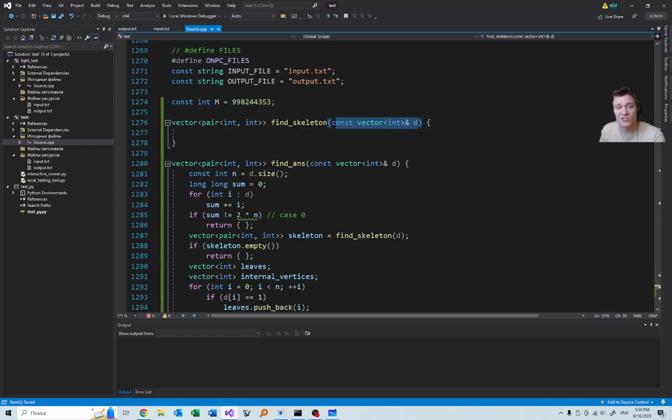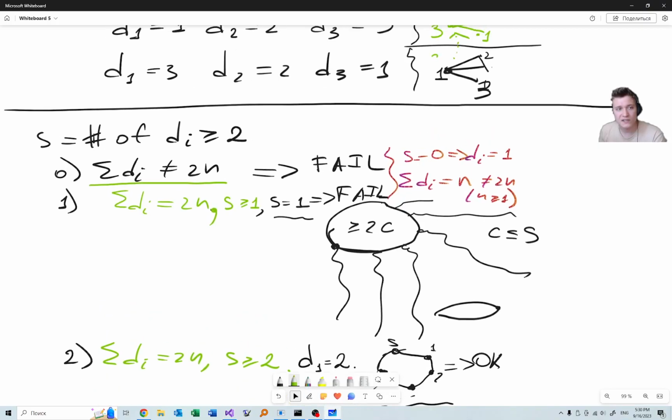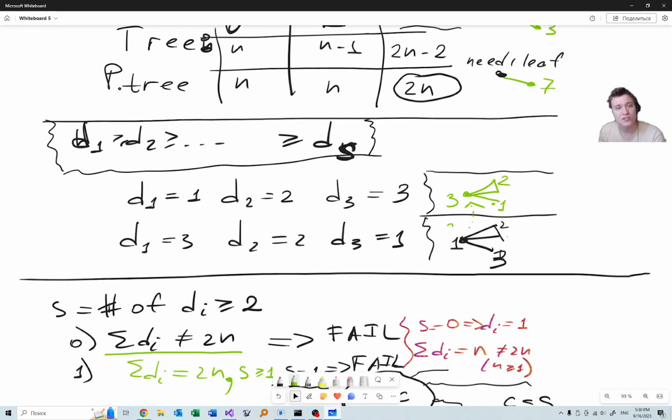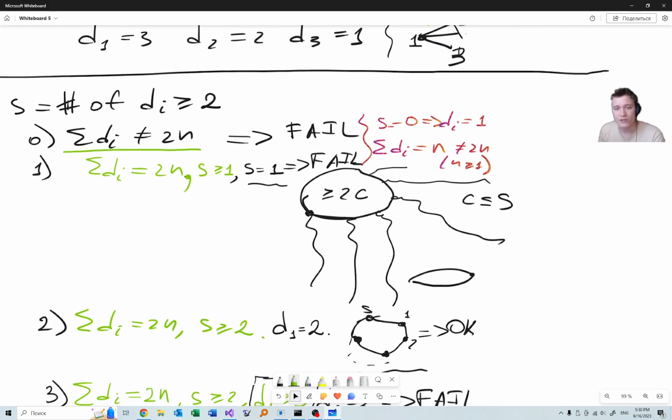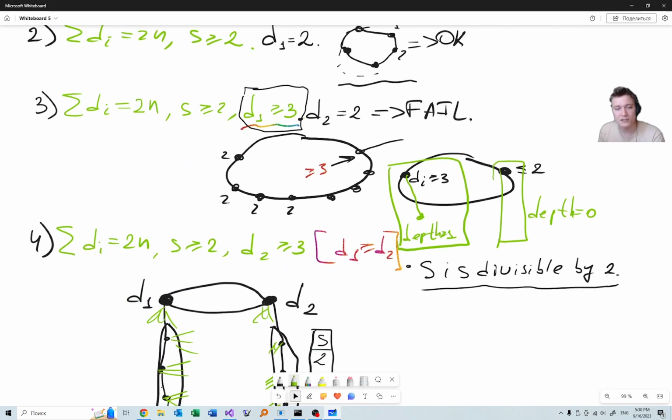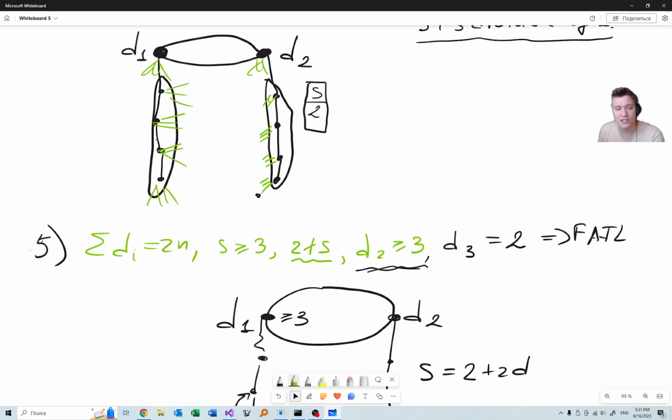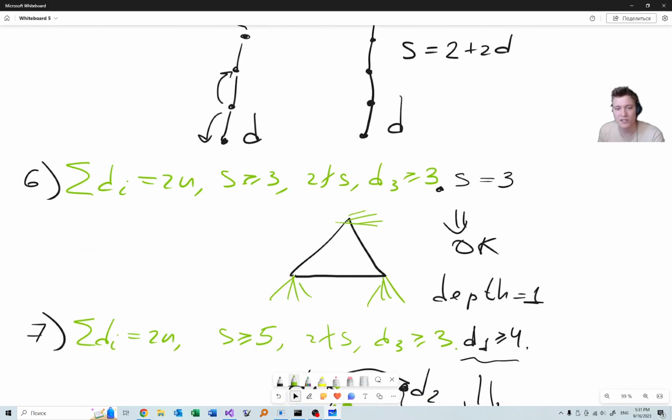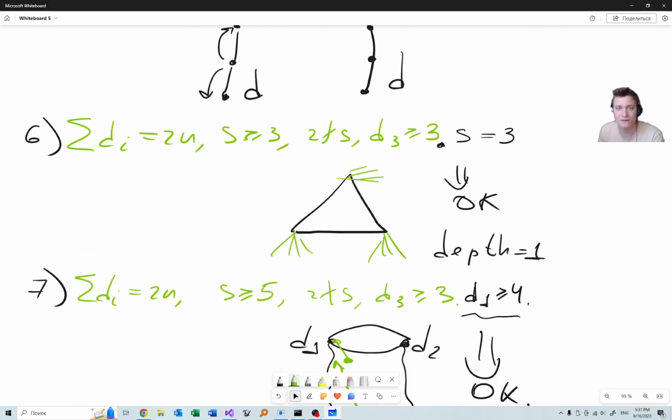We just need to construct a skeleton of the graph. Then the second idea is the sorting part. I will not actually sort all the degrees, because the only thing you need is to differentiate 2 from 3 and 3 from at least 4. We do not need the degree to be at least 5. So if it is at least 4, it is already the best we can hope for.